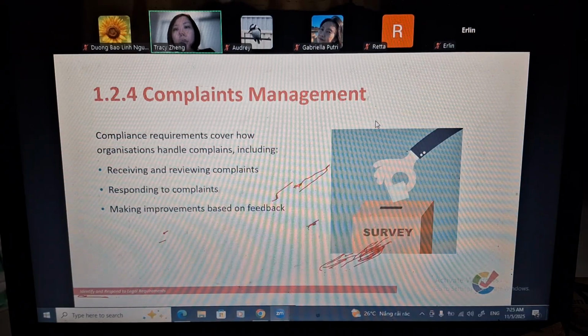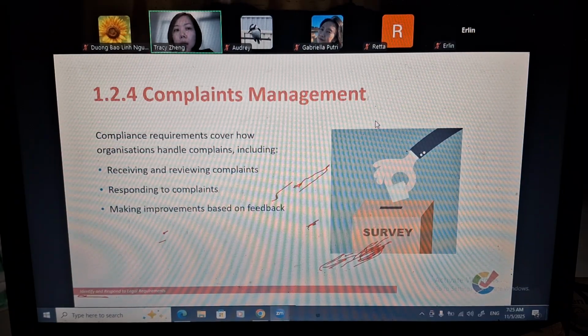Probably you guys would not have a chance to see the register. It is most of the time handled by your management team. But that is also one of the documents and evidence your manager would show the auditor about how you manage all of that feedback. What is the time frame they close the feedback, or close the complaint?